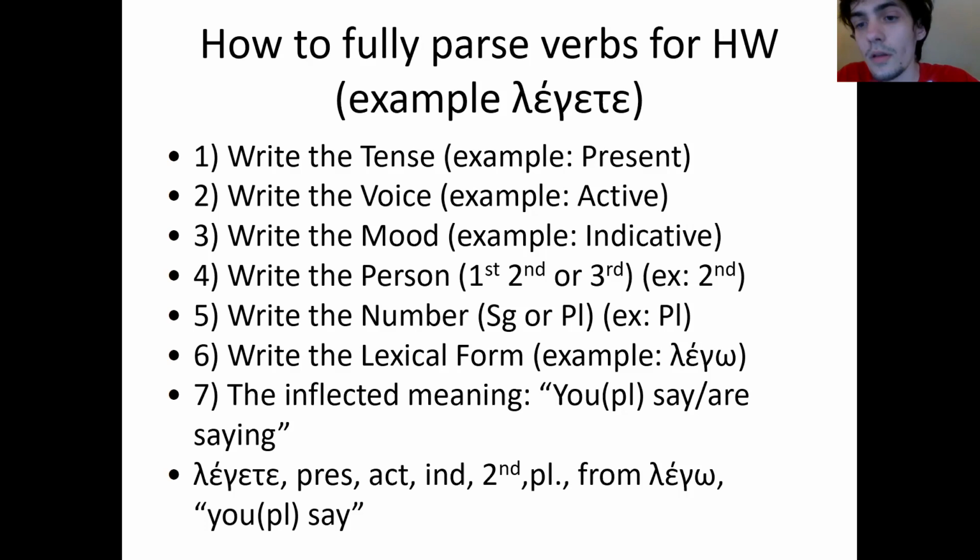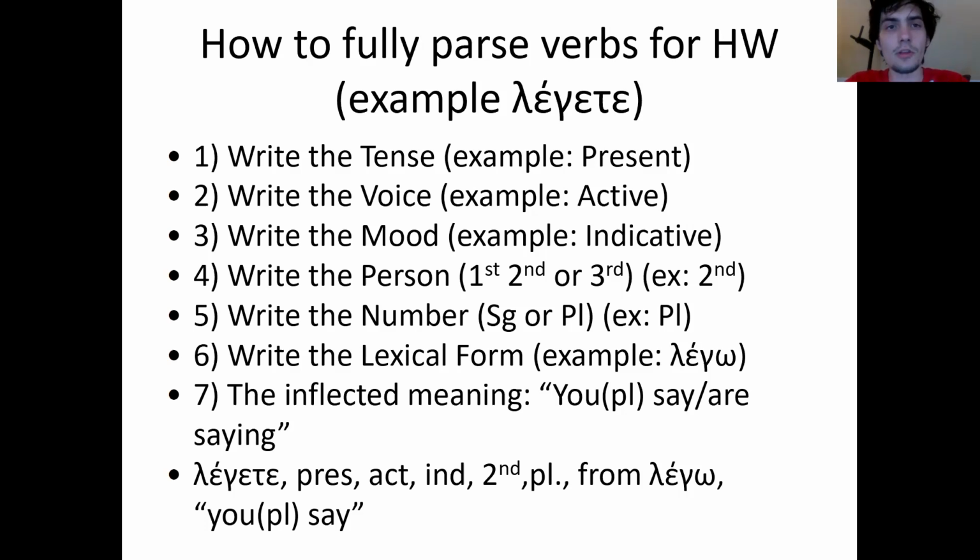In this example, ete is a second person verb. And then the number. Is it singular or plural? In this example, it is plural. You, plural. And so we have at the bottom here, legete, present active indicative, second person plural. That is a parsing of legete.